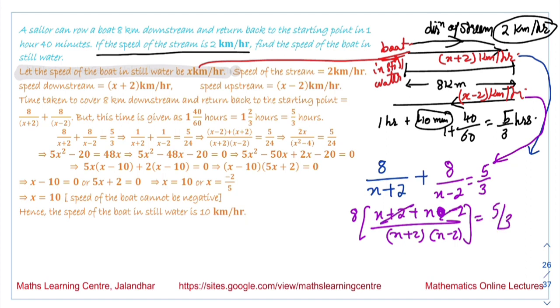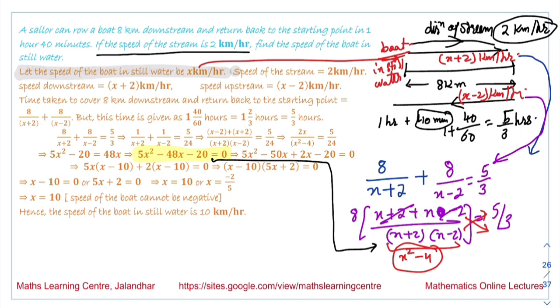These two get cancelled, and on solving we cross multiply. This term is x square minus 4, it is a plus b into a minus b. So the quadratic equation that we get is 5x square minus 48x minus 20 is equal to 0.